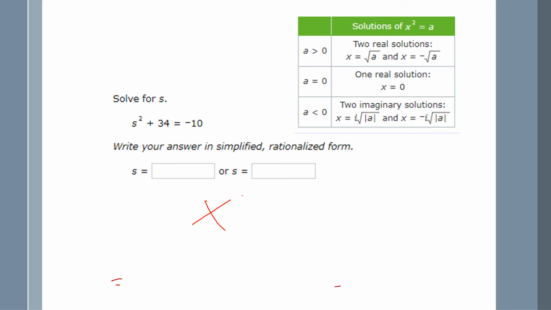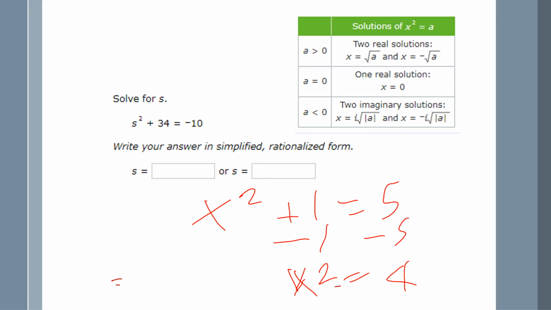So I'm going to give you something like this: x squared plus 1 equals 5. Well, let's subtract 1 from both sides. We get 4. And that's an x squared, so you have to forgive me about that.